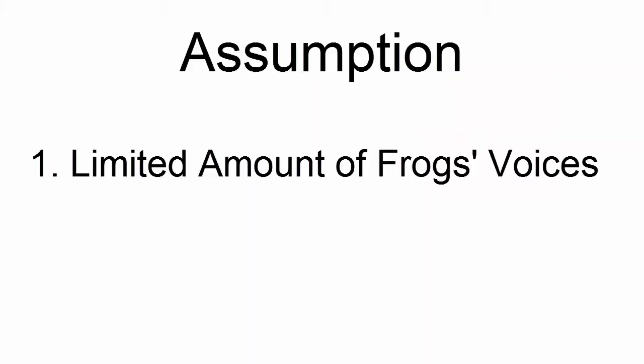But for me to complete this challenge, I have to assume there's a limited amount of frog voices that could be chosen from. So maybe it's 100, 200, whatever it may be. That's the only assumption I need. With that assumption, I can easily complete this using memory techniques.